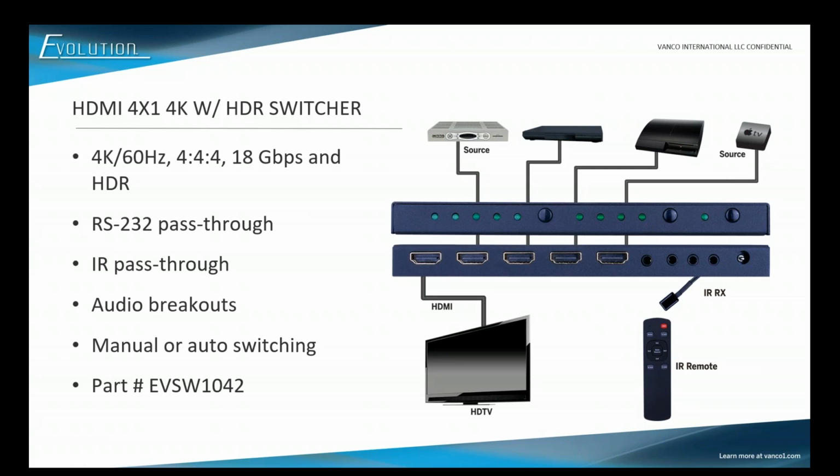The problem came about with all these media players like Apple TVs, these smart cable boxes, where if you turn them off, they're not really turned off. They're actually sleeping, so they're still sending 5 volts of signal to the switcher, so the switcher thinks it's still on. So you have the option of both auto switching or manual, depending on what kind of sources you've got plugged in. So again, pretty simple 4-in, 1-out switcher here.